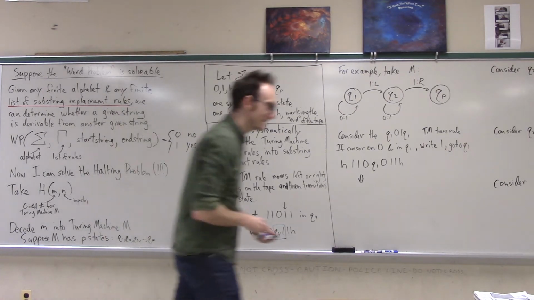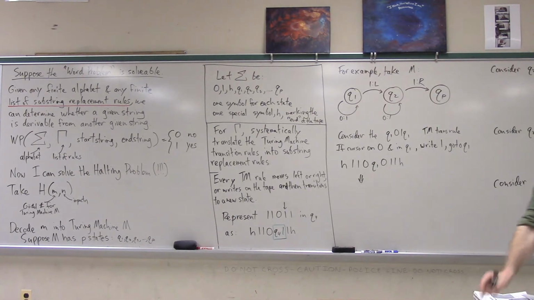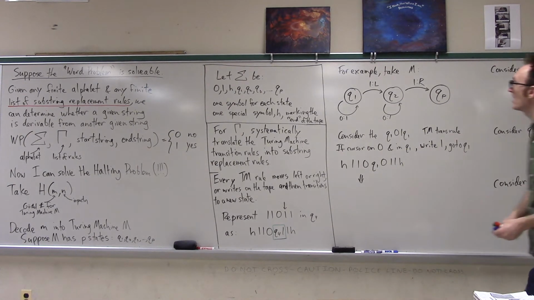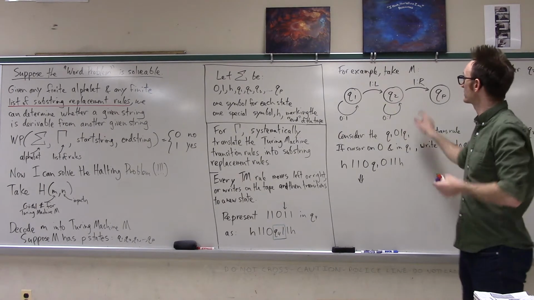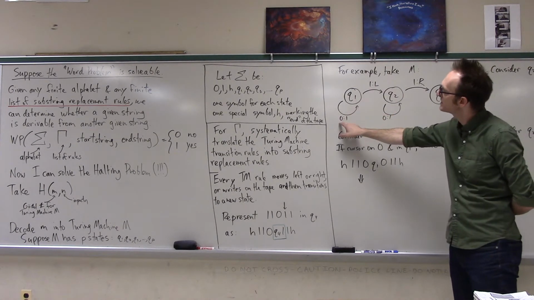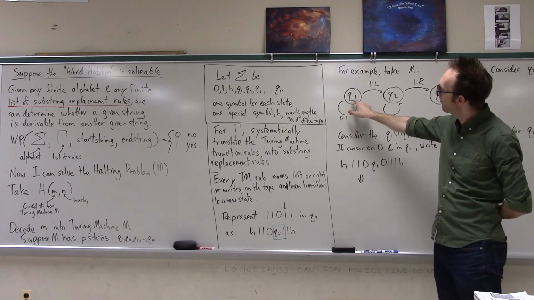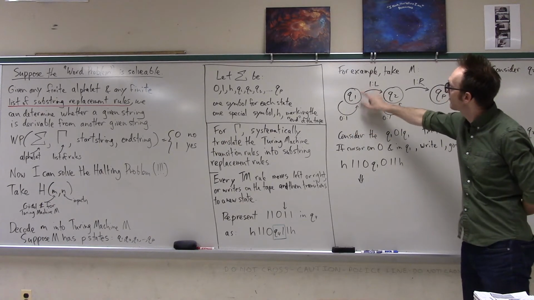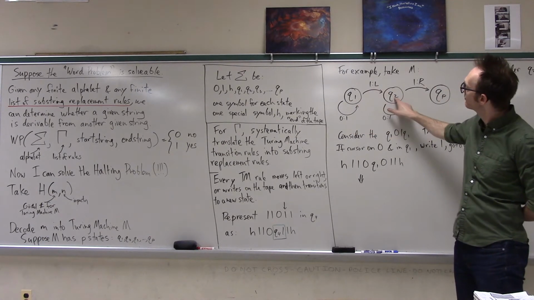Okay, let's do an example to see how this works. Here I have a Turing machine. I just took a pretty simple Turing machine with 2 real states and a halt state. If I'm in state Q1, I read a 0, I write a 1, and I go back to state Q1. If I'm in state Q1, I read a 1, I move left and I go to state Q2.